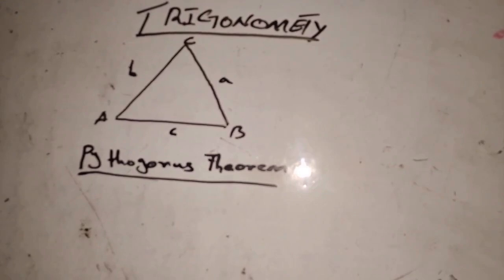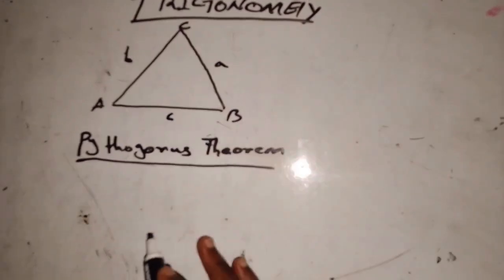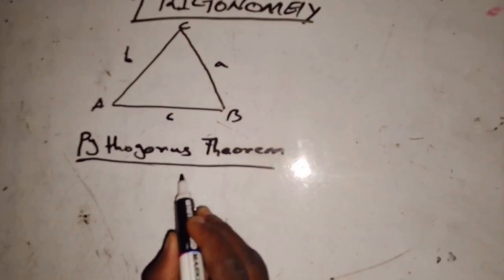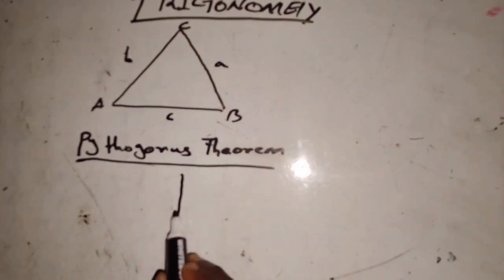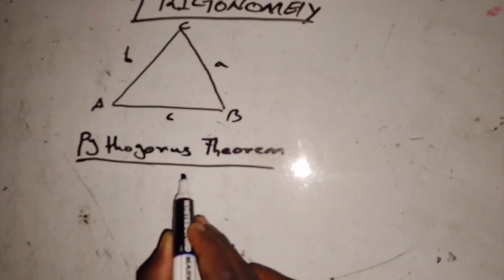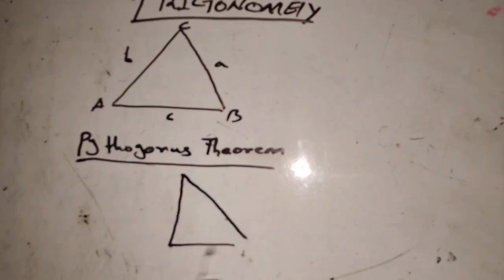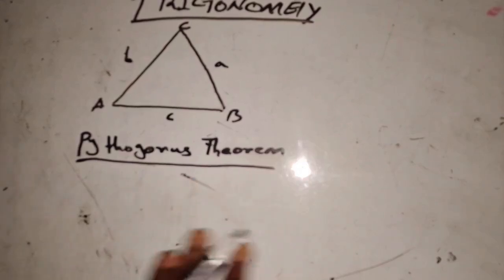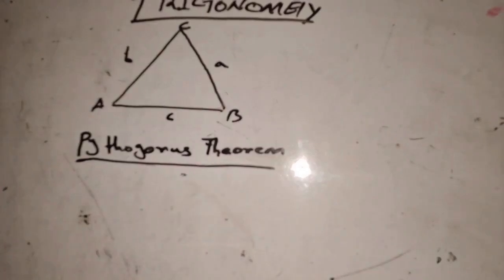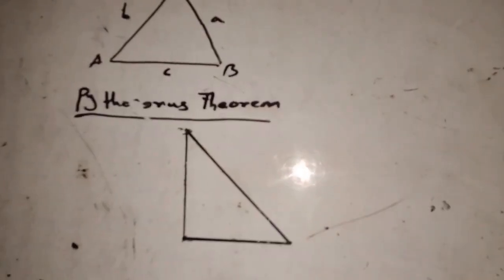Let me give an example on Pythagoras theorem. Let's say we have a right angled triangle. Let's write this properly. Yes, this is a right angled triangle.